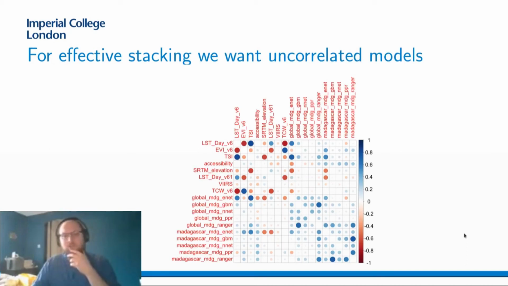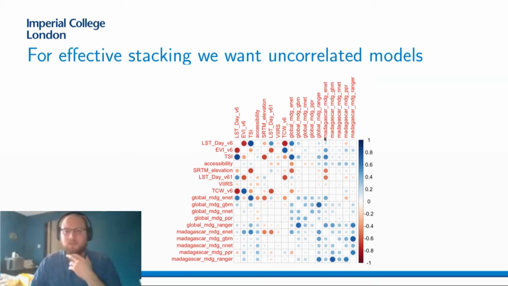Just to discuss what we're hoping to find when we stack models in this way: we want uncorrelated models. This is a correlation matrix. In this top corner, we've got all the environmental covariates. You can see there are some strong positive and negative correlations in there. The next set are machine learning models fitted to a global data set of prevalence data.